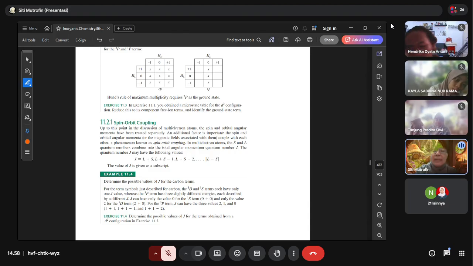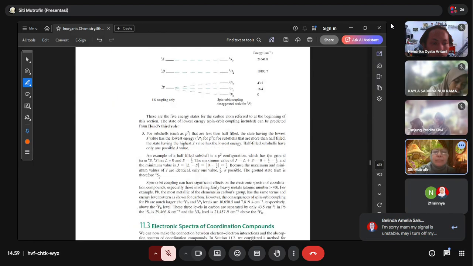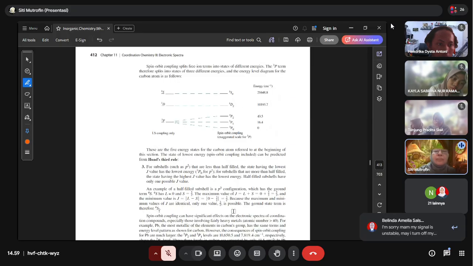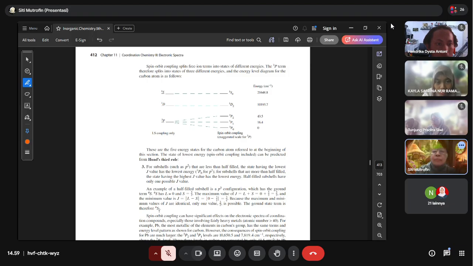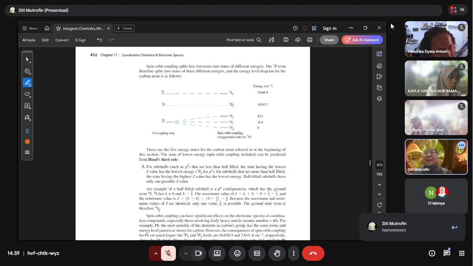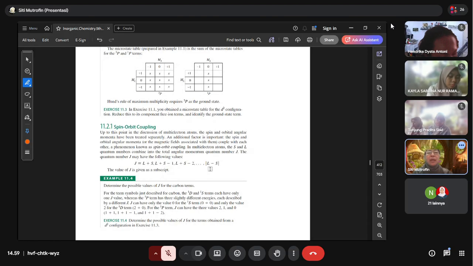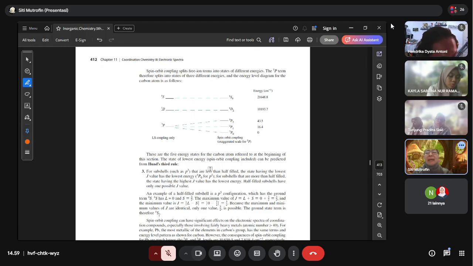The book has already guided us on how to find the G value, how to calculate and determine the G value of each free ion symbol.